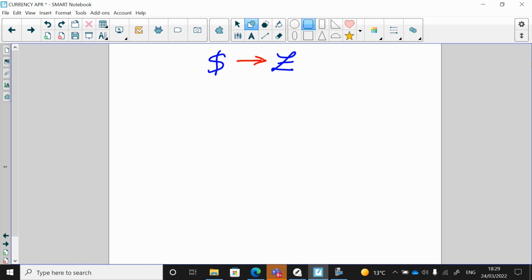Again, another little subheading, dollars to pounds, just to let you know what's going on here. That's 374.40 divided by the 1.62. It might not give you a nice answer. If you don't get an exact whole number of pounds, just go to two decimal places and don't worry too much about the rounding here.